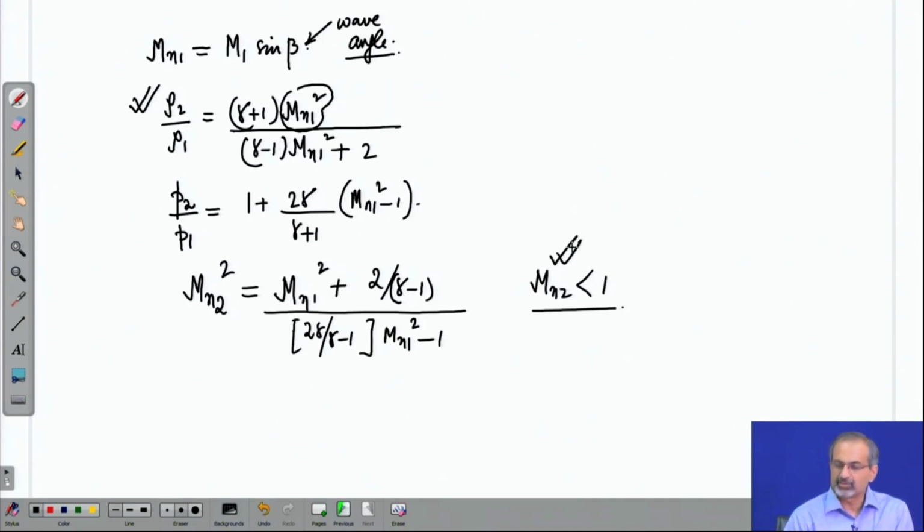Therefore, M n 2 has to become subsonic. If you are interested in temperature, for example, you can make use of the equation of state and use the above density and pressure ratios to work it out.